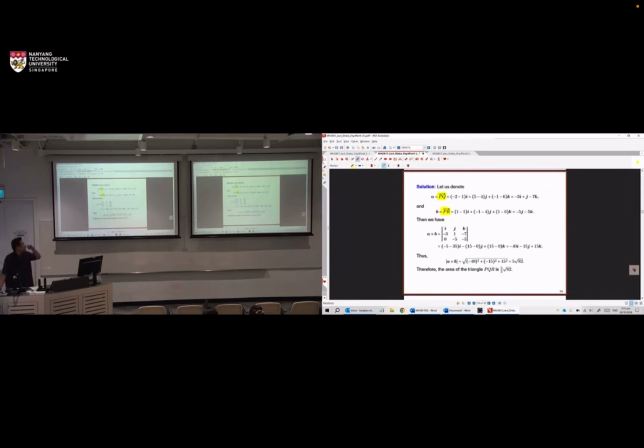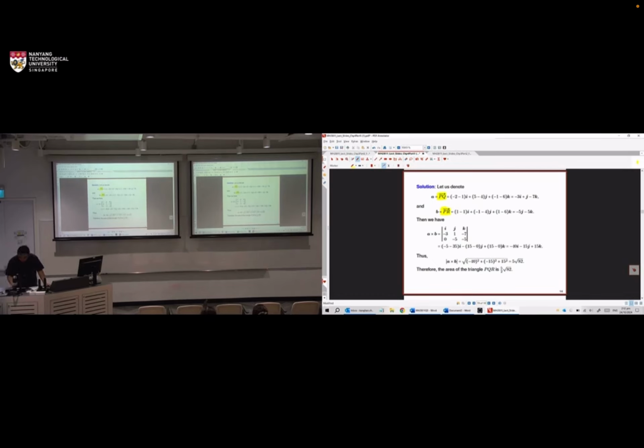You need to find two vectors first. Next, you find A cross B vector. After you find A cross B vector, you take the length. When you take the length, you take the square root of every component squared, added up together. This is the length formula.